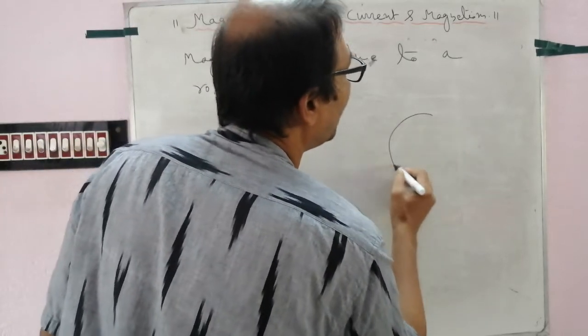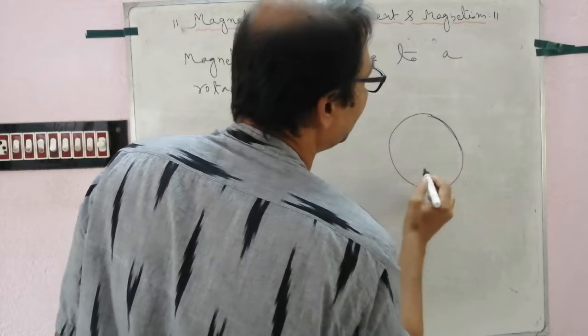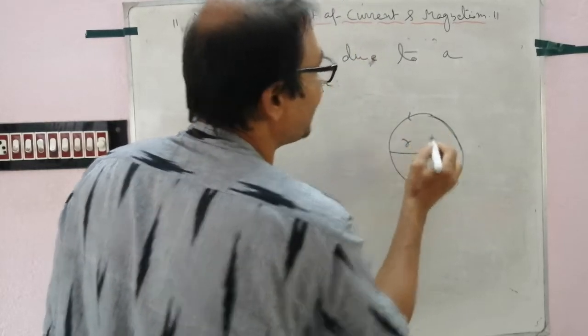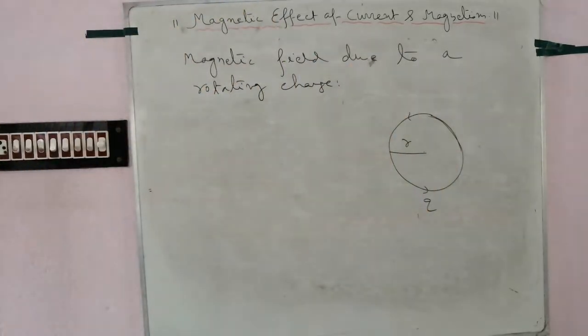Suppose this is a circular path of radius r and a positive charge q moving in the anticlockwise direction.